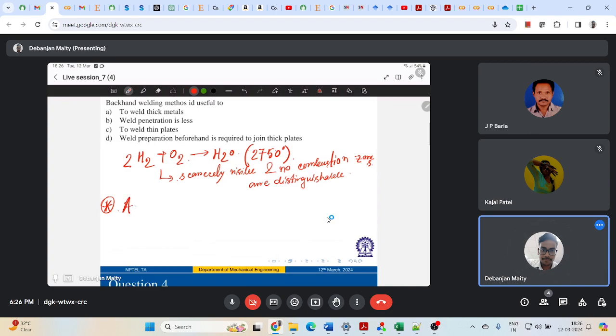So aluminum alloys and lead can be welded by oxyhydrogen flame.